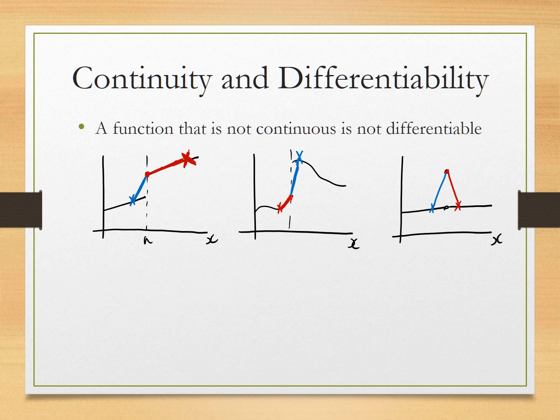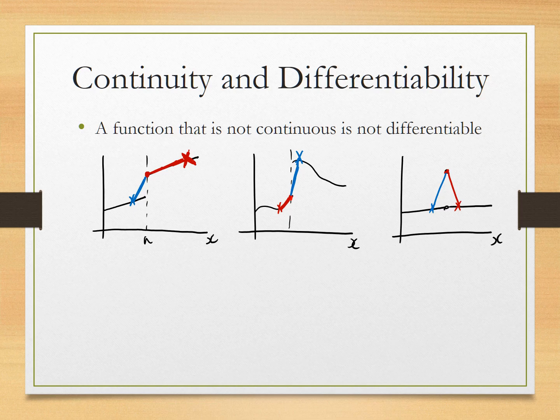So it does not work. The derivative ultimately depends on the two-point formula, with one of the points being the point you're interested in. So when you have a break, you are guaranteed to have different approximations of the slopes from the two sides.